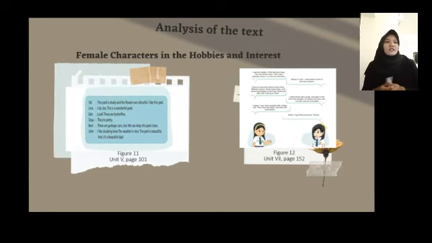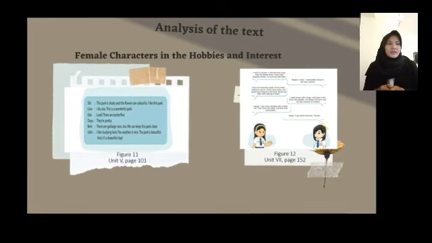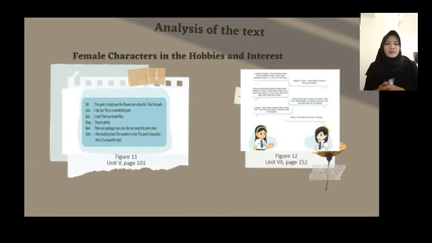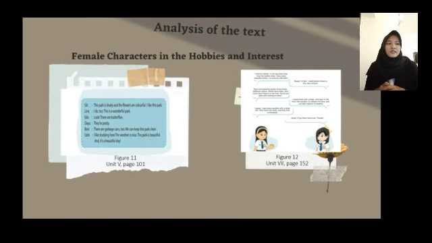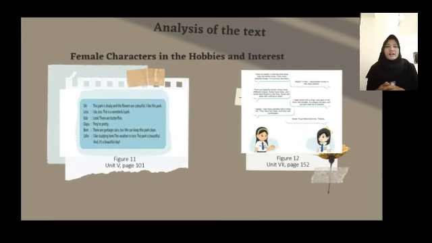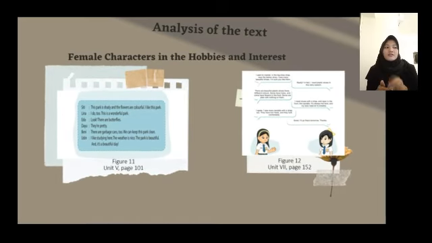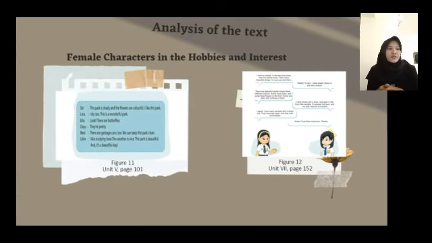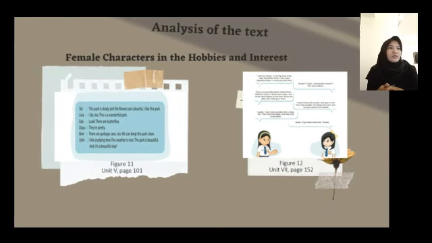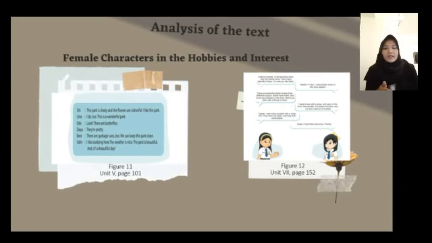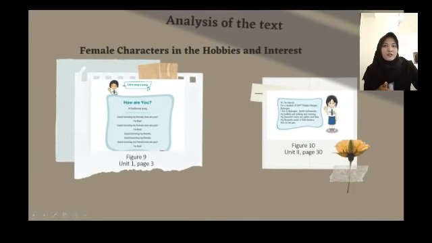And the context of hobbies and interests. Figure 11, Unit 5, page 101, is about an interest in gardening. Then Figure 12, Unit 7, page 152, shows a female interest in shopping or going to the market.